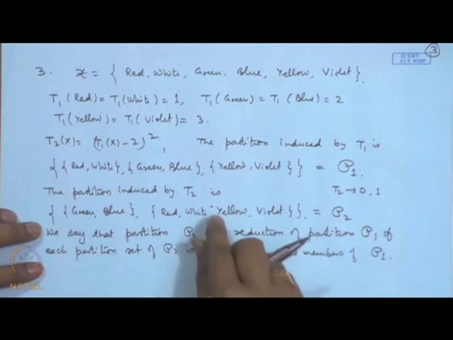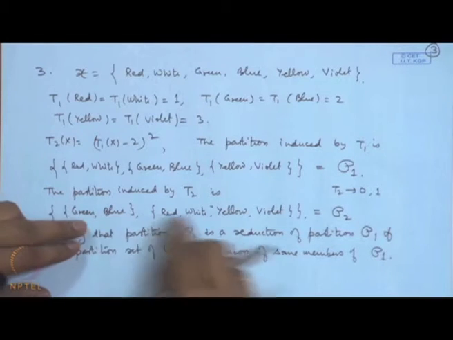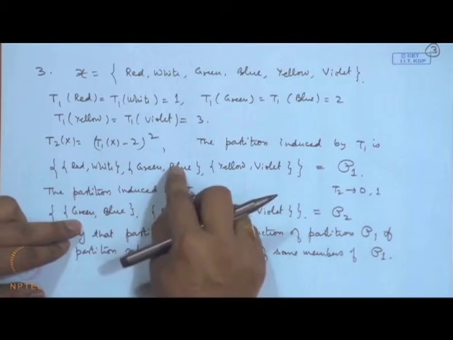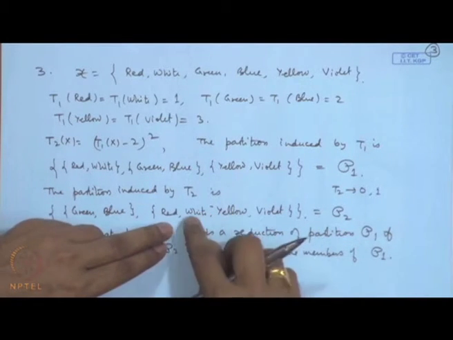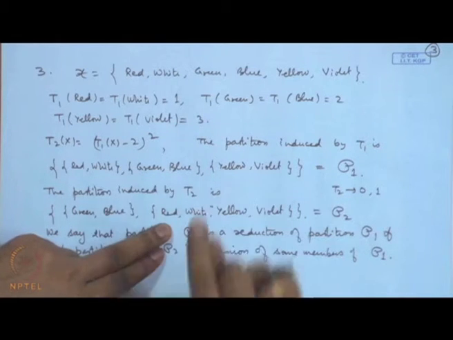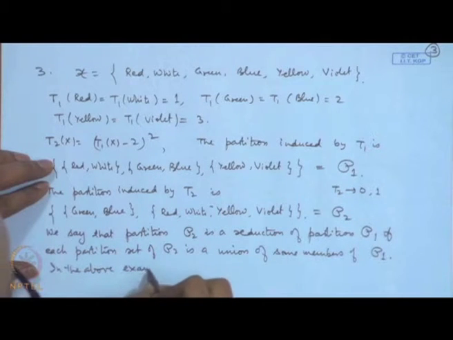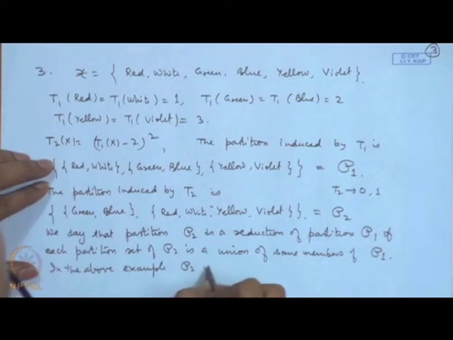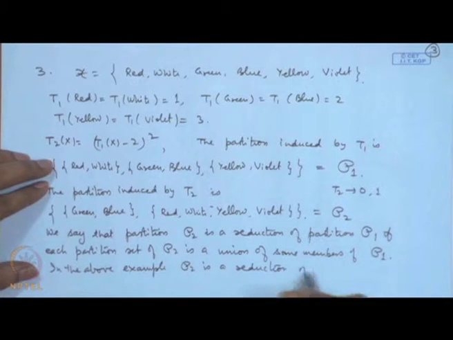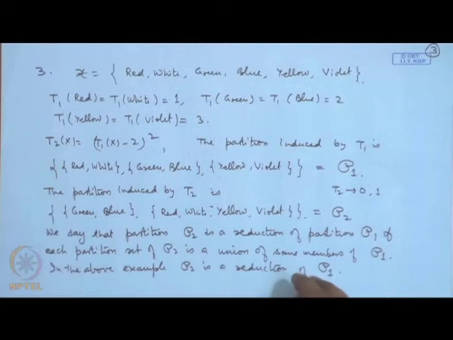Now, here you observe the partition sets in P2: this set is the same as this set, and the second set here is a union of two sets of P1. So, in the above example, P2 is a reduction of P1.